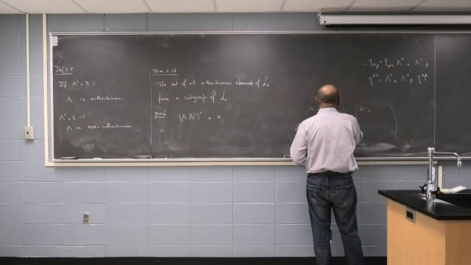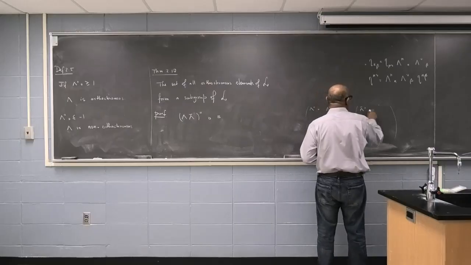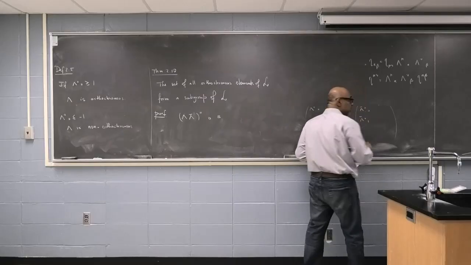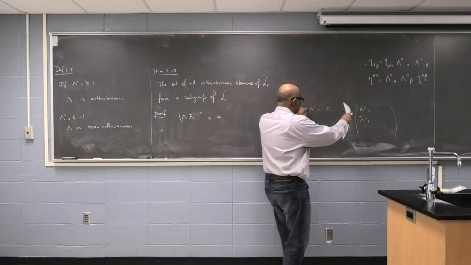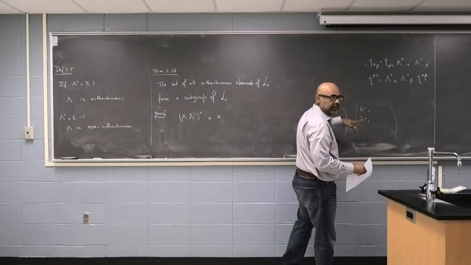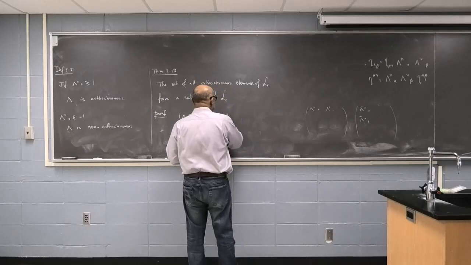This is lambda 0,1. This is lambda bar 0,1. So if I want to get this element, I take this row and multiply. There are 4. I can write all of them.